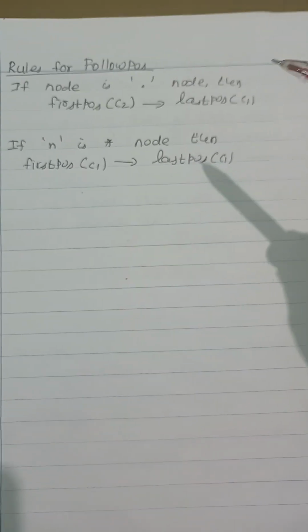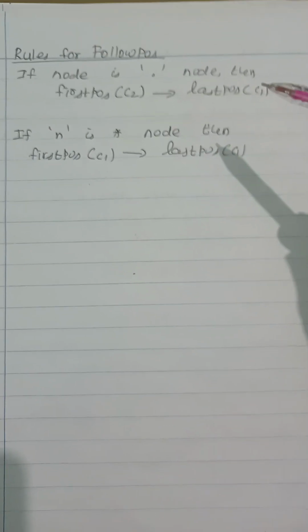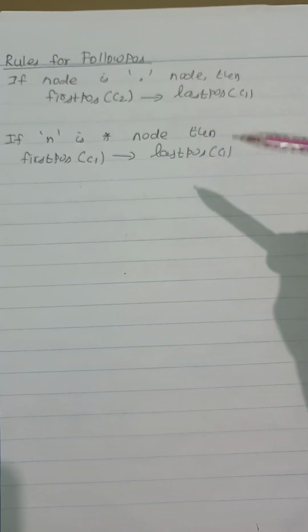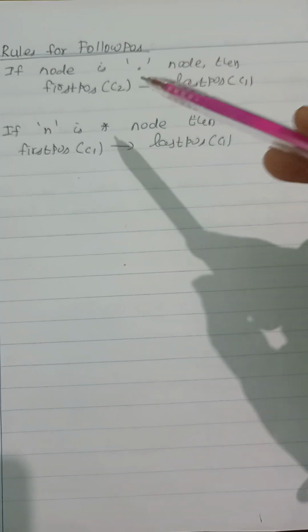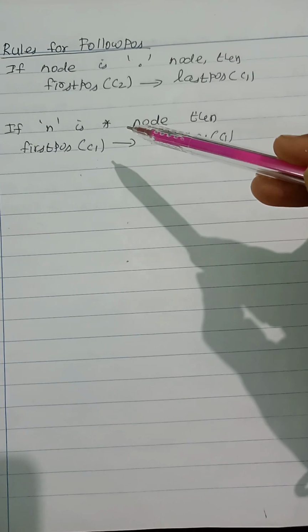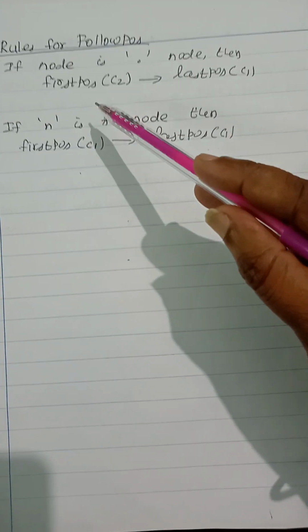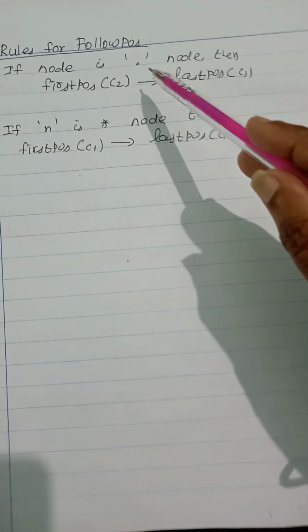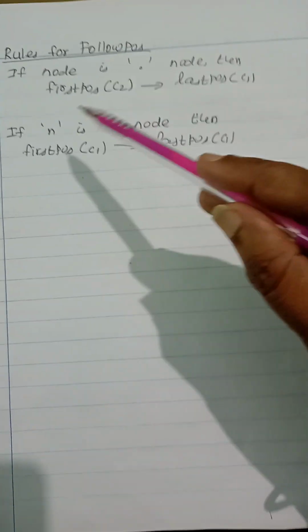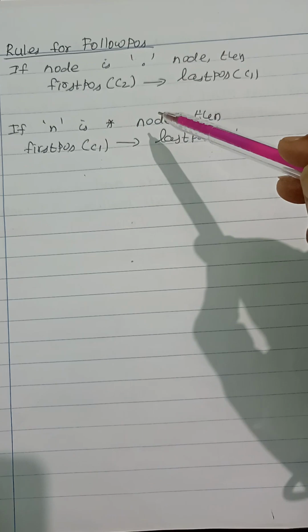And now this is the rule for calculating the follow position. For calculating the follow position, we are going to consider only two nodes, the first one is dot node and another one is star node. In case of dot node, two children always will be there, the C1 at the left hand side and C2 at the right hand side.